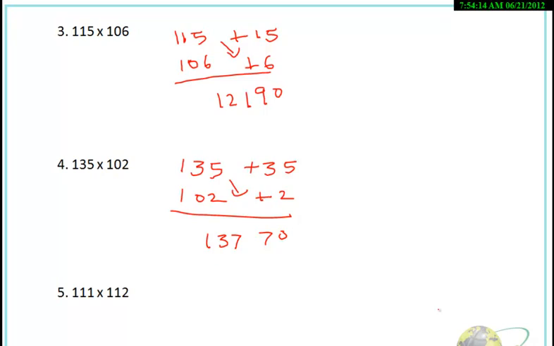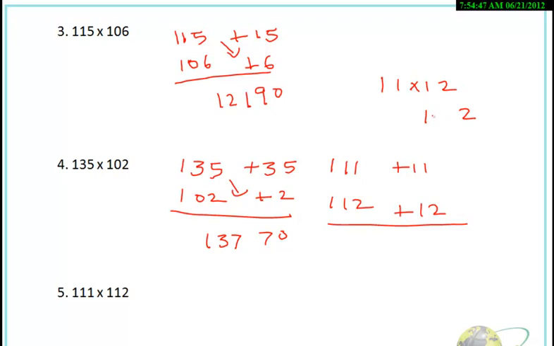Now let's take another example. 111 into 112. Let's do this calculation over here. Now it is plus 11 from 100 and it is plus 12 from 100. Now what is 11 into 12? That is the method we have already learned in our previous sessions. Let me give you a recap. If we wish to multiply any number with 11, then split the number and put their sum in between. So it's 11 into 12.